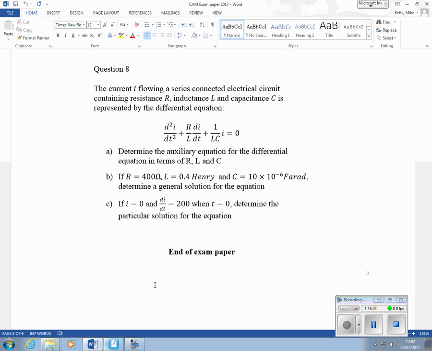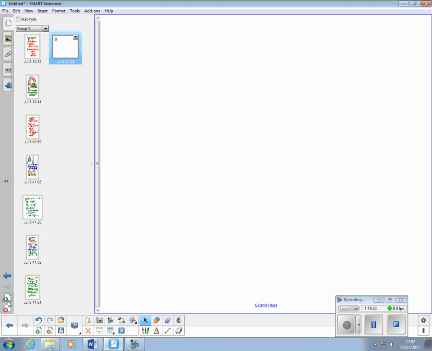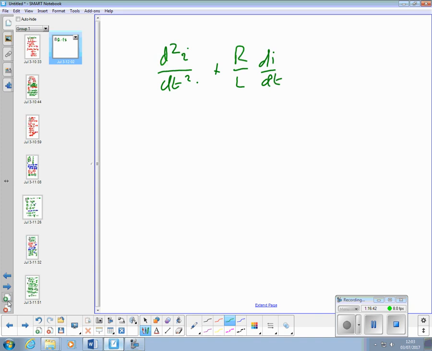Okay, so it's a second order differential equation, and you're being asked to determine the auxiliary equation in terms of R, L, and C. So you're not initially given values for them, just want the auxiliary equation in terms of the variables R, L, and C. So we've got this d2I by dt squared plus R over L dI by dt plus 1 over LC is equal to nothing. What's the auxiliary equation for that?